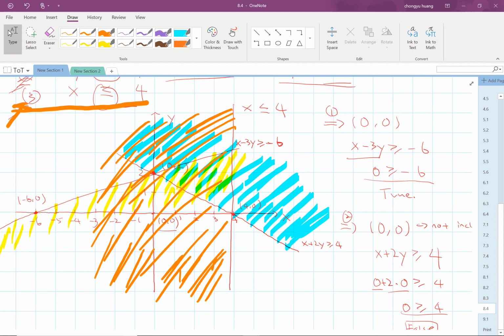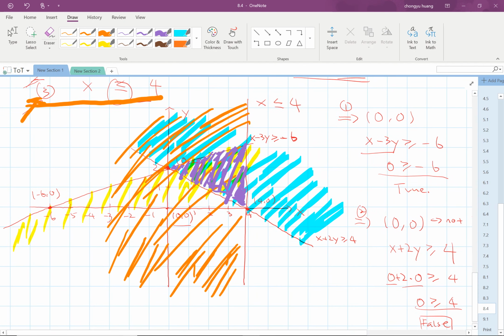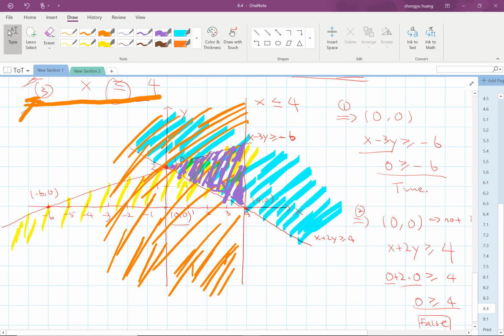As you can see, the area over here that has three colors is actually this area, because this area has all three colors. Then you look at some other areas.